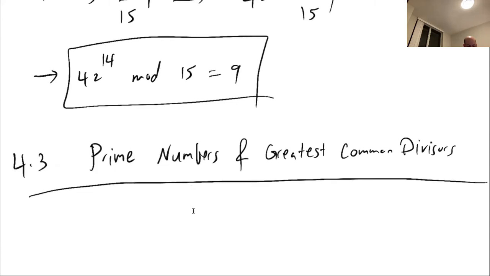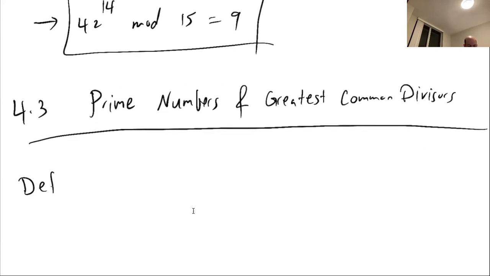So let's start with the definition of a prime number. Let p bigger than 1 be an integer.